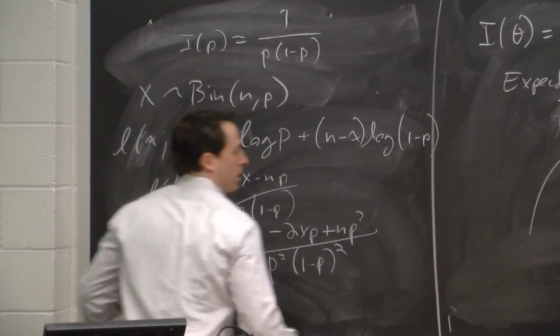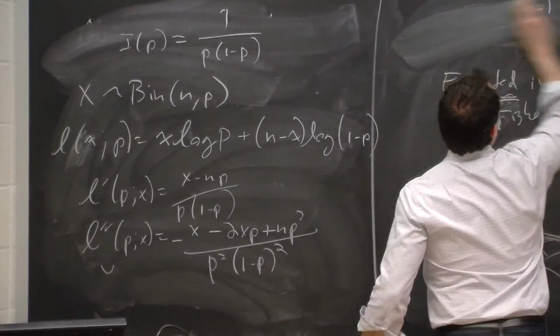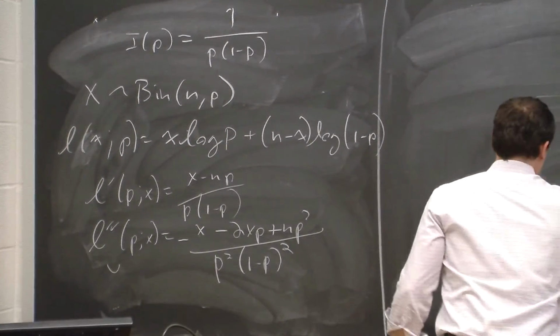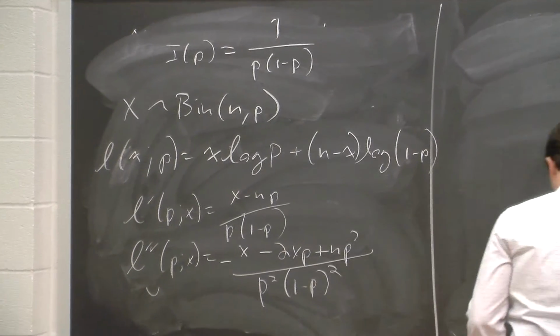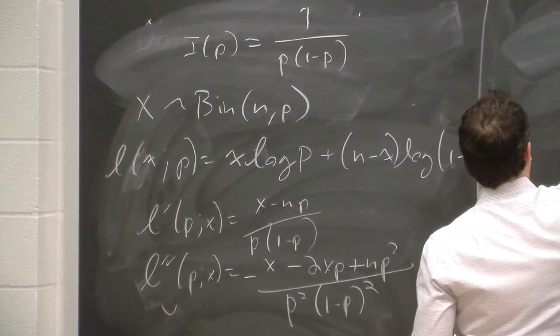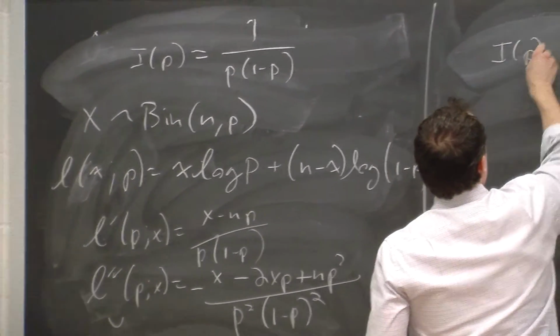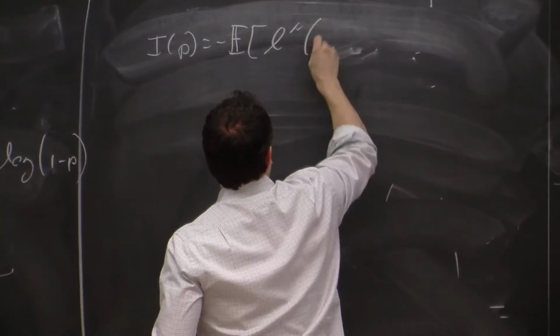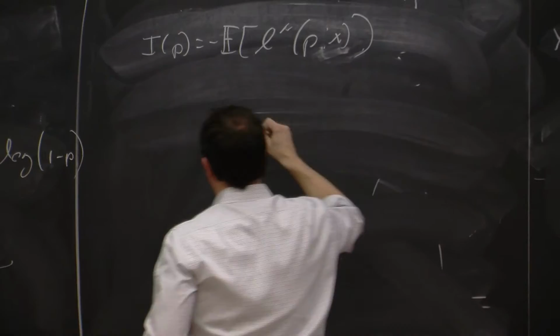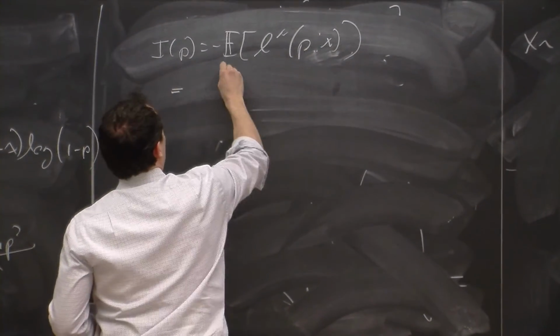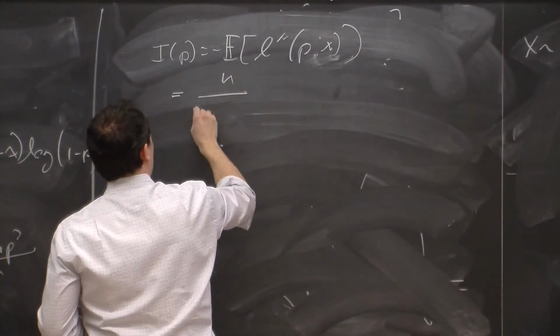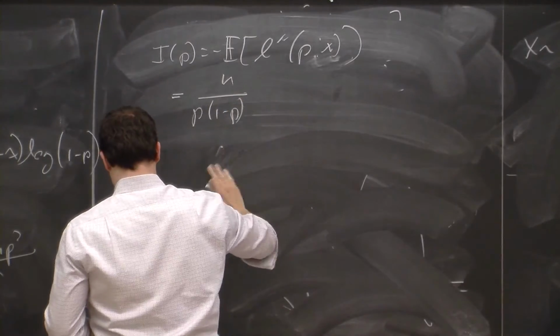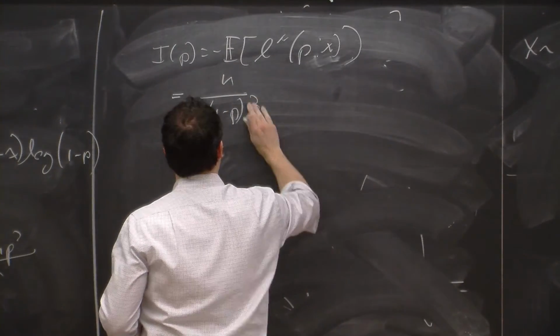And we compute the Fisher information, which is n over p(1 minus p).